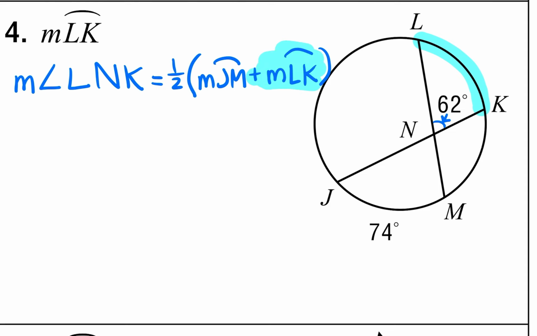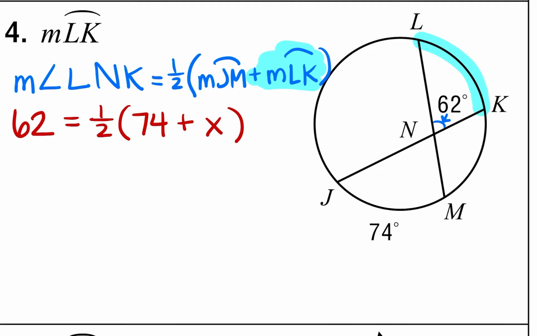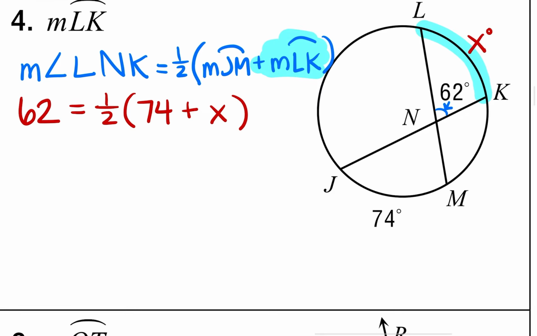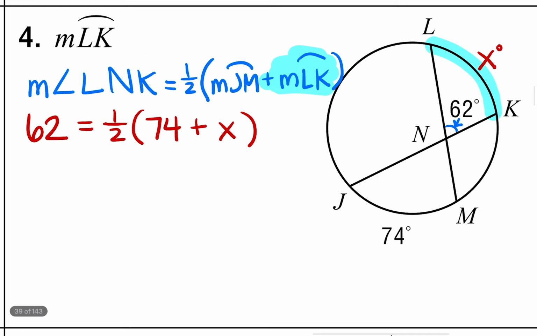So we're going to get 62 is the measurement of angle LNK, and it's equal to 1/2 of the measurement of arc JM, which is 74, plus the measurement of arc LK, which I don't know yet, so I'm going to call it X. All right, and in that case, you are going to have to do a little bit of solving here to find out what X is.